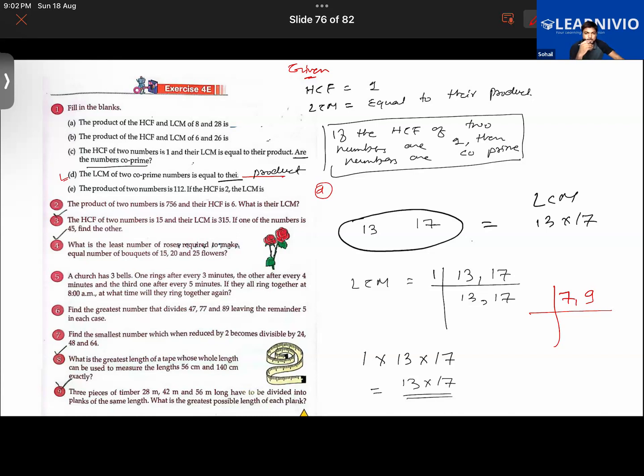It is 63. So isn't the LCM simply the product of the given numbers, 7 multiplied by 9? Getting it? So whenever two co-prime numbers are given, we can find their LCM simply by multiplying those two numbers. No need to do all those lengthy methods unless asked to.